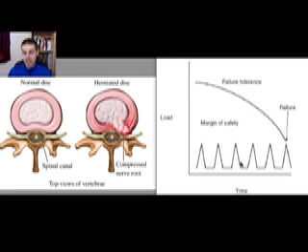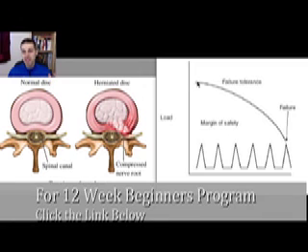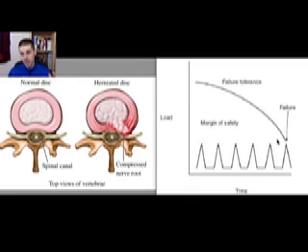Number 2, as we repeat our bending, our failure tolerance and margin of safety is decreased. Eventually, when we repeatedly bend over time with too much load, our back will fail and our disc will herniate. That is one of the main causes of disc herniation.